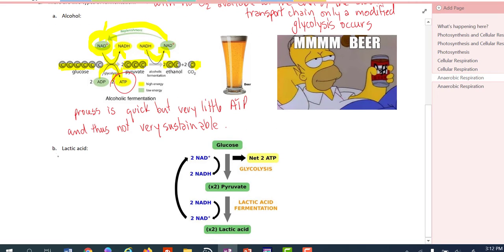So lactic acid fermentation is what occurs in animals like us, and that includes many organisms, not just us. And the process is essentially the same. Glucose is converted into pyruvate, just like up here, but the pyruvate is then converted into lactic acid. So it's a somewhat different outcome, just different organisms, different outcome.